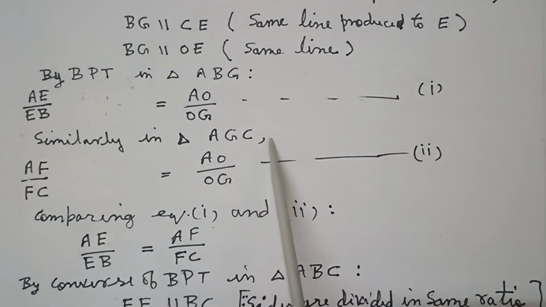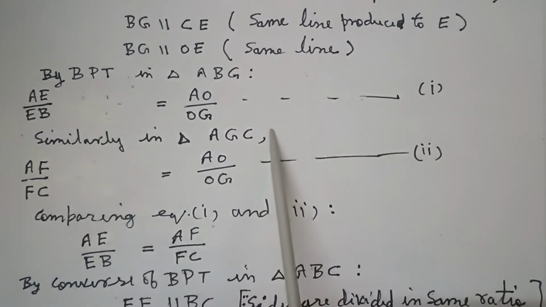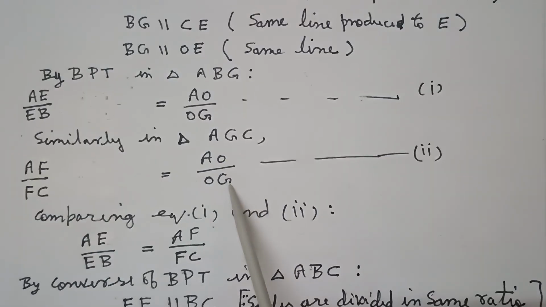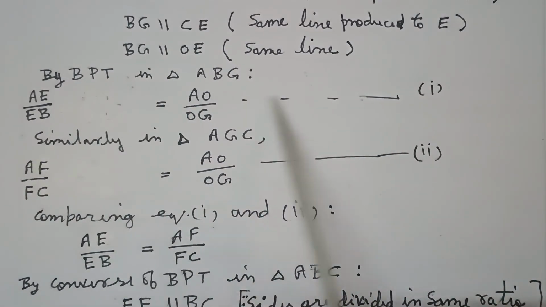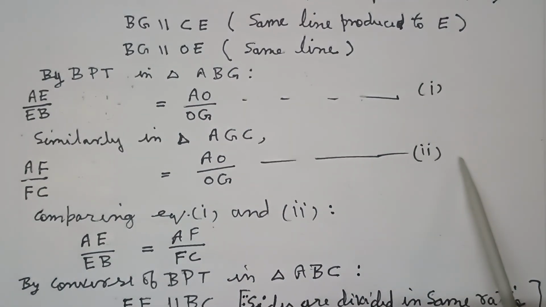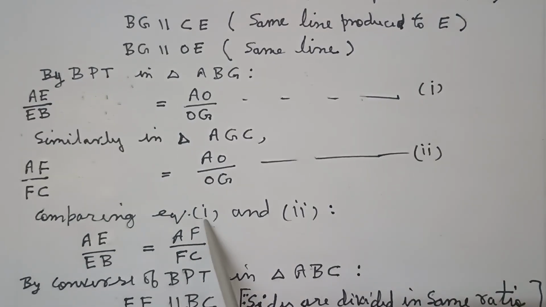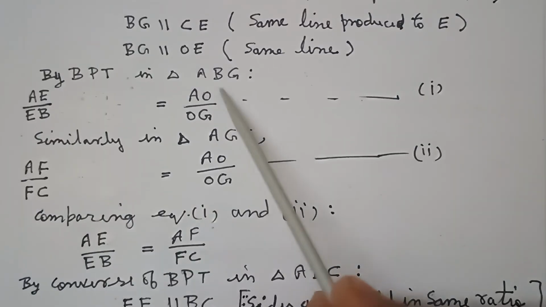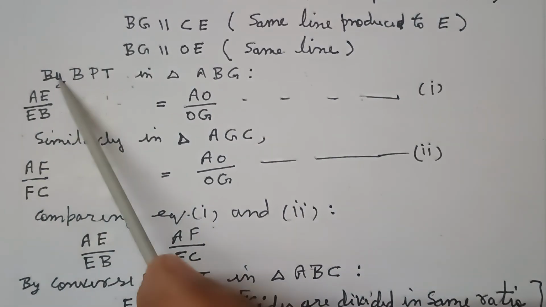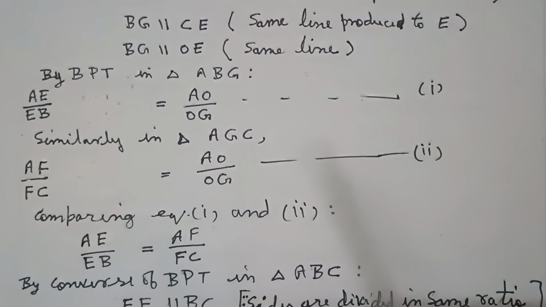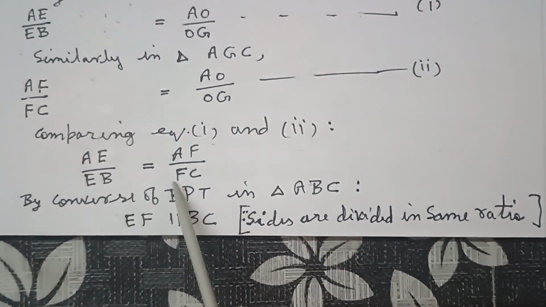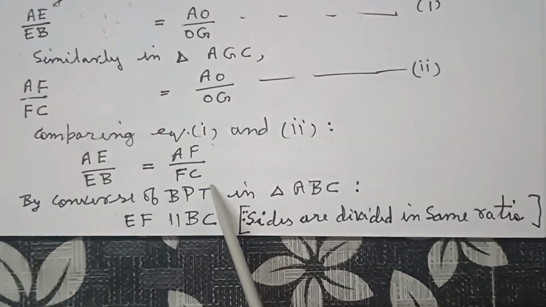Similarly, in triangle AGC, AF upon FC is equal to AO upon OG. So this is equation 1 and this is equation 2. By comparing equations 1 and 2, the right hand side is the same, so the left hand side is also equal. So AE upon EB is equal to AF upon FC.